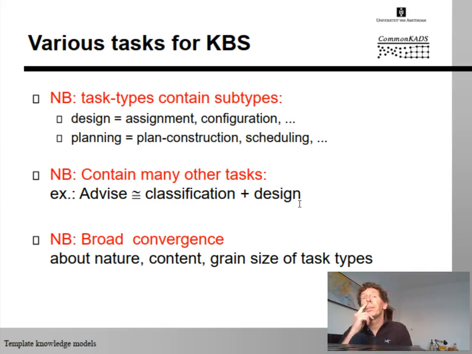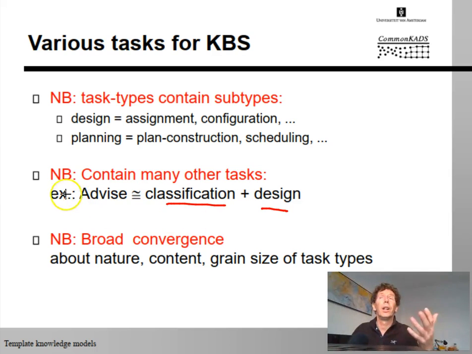Now, because your projects are rather small in time and scope, we would suggest that you only pick a project where you do a single task type. So where you only do classification, only design. So if you come to us and say, well, I want to do, say, advice about particular products, right? Then we would advise you to focus, for example, on the classification stage of that advice task and ignore the design.